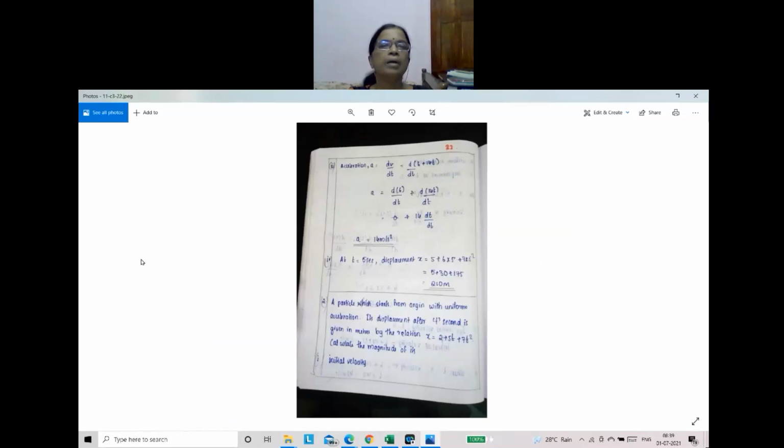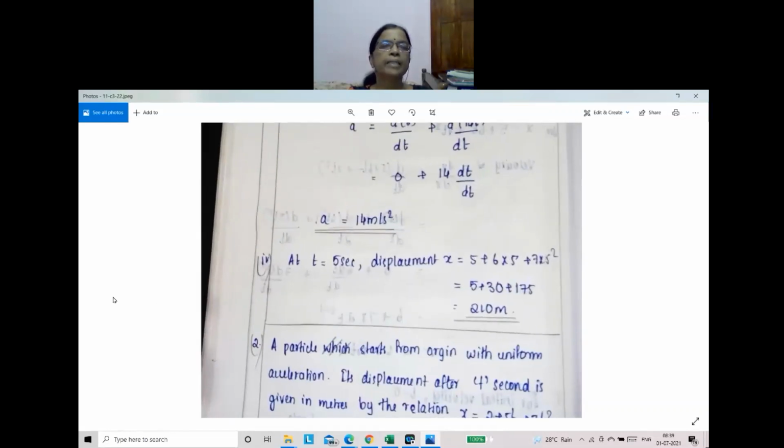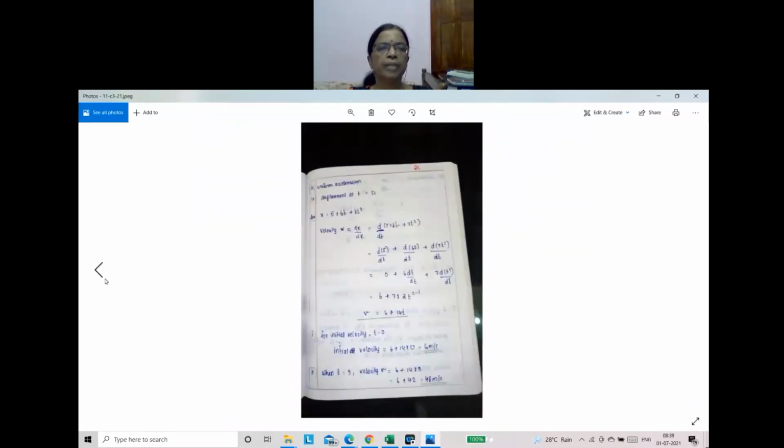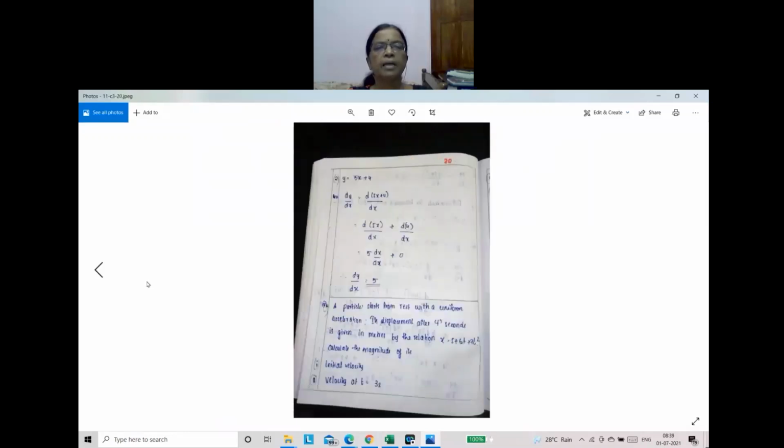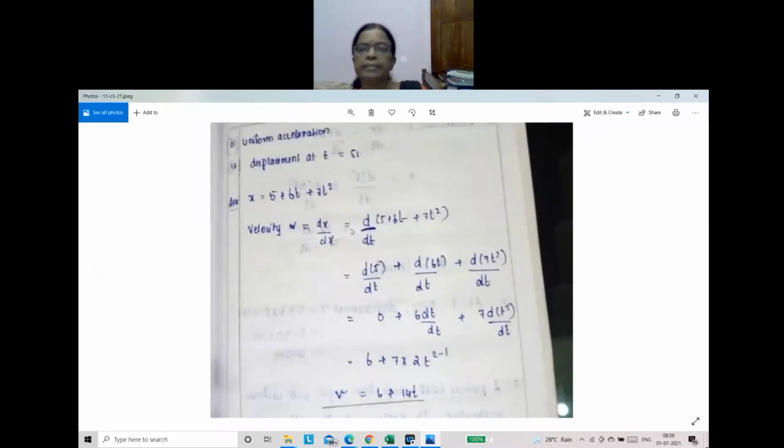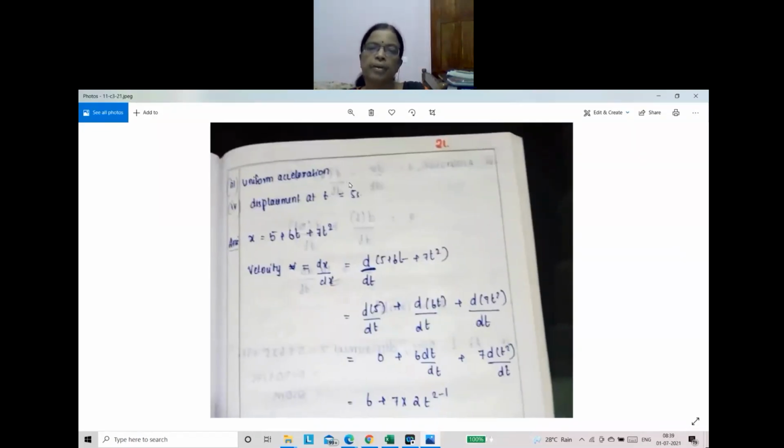Then acceleration is also asked, I think, in that question. Let us see that question once more. See, uniform acceleration is also asked. What is the expression for acceleration, children? We have just discussed that.